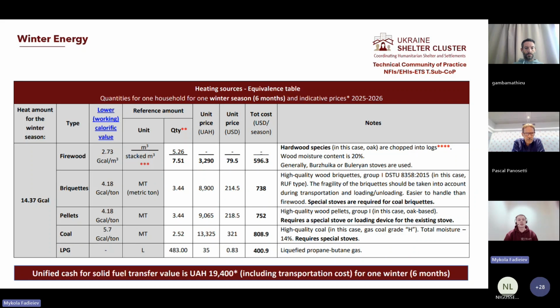You can see on the screen examples of the amount of solid fuel calculated in cubic meters and then converted to stacked cubic meters, or calculated in tons for briquettes, pellets, and coal. It's for these four types, the main types of solid fuel used in Ukraine.